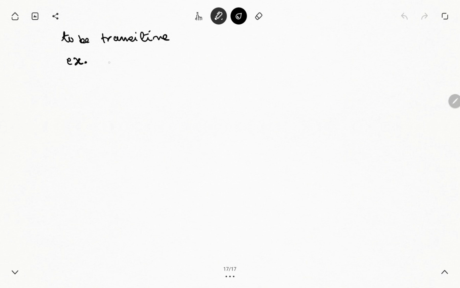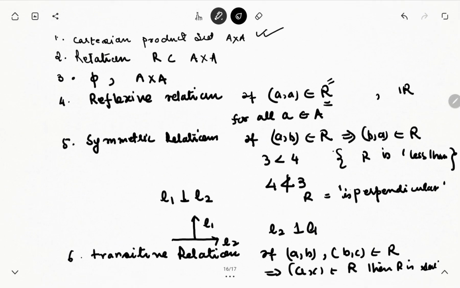So what R we are going to consider is perpendicular. We have taken L1 perpendicular to L2. So please be careful.